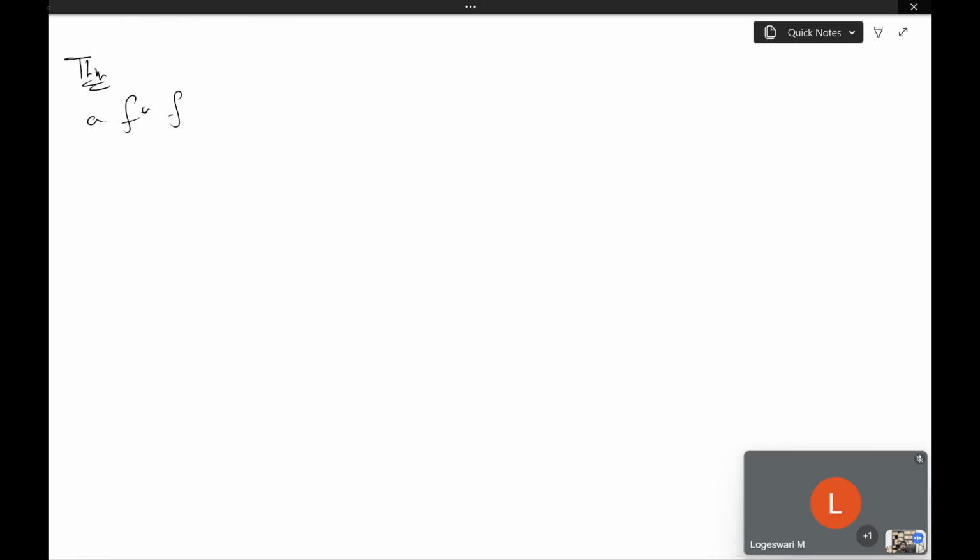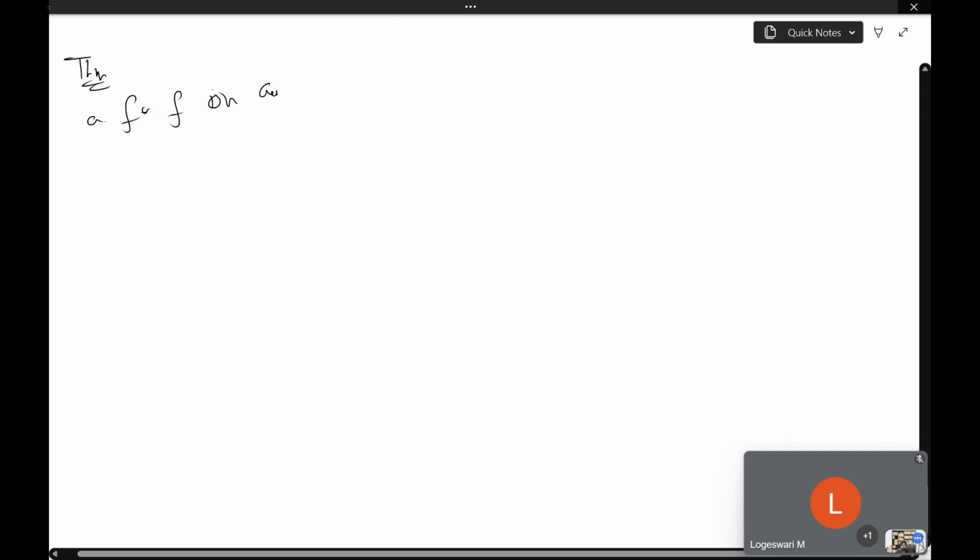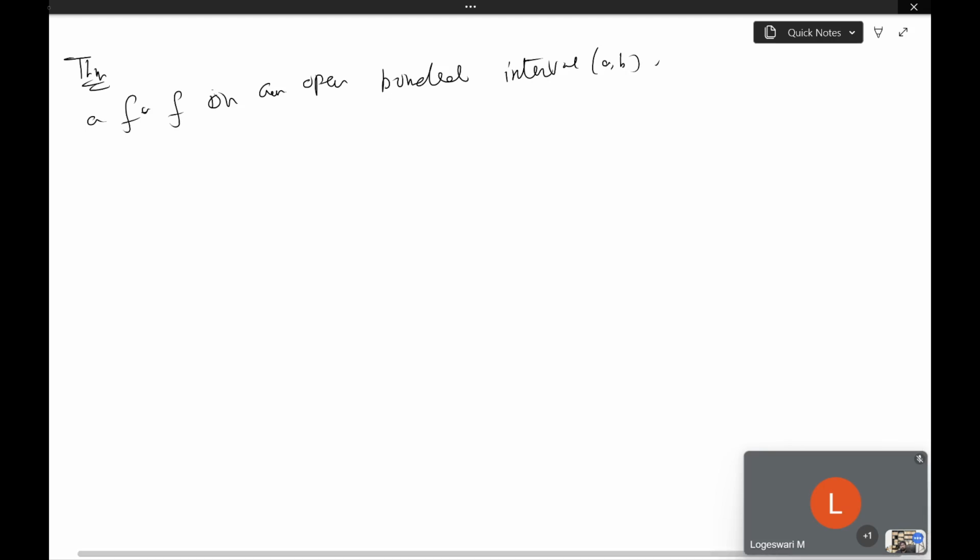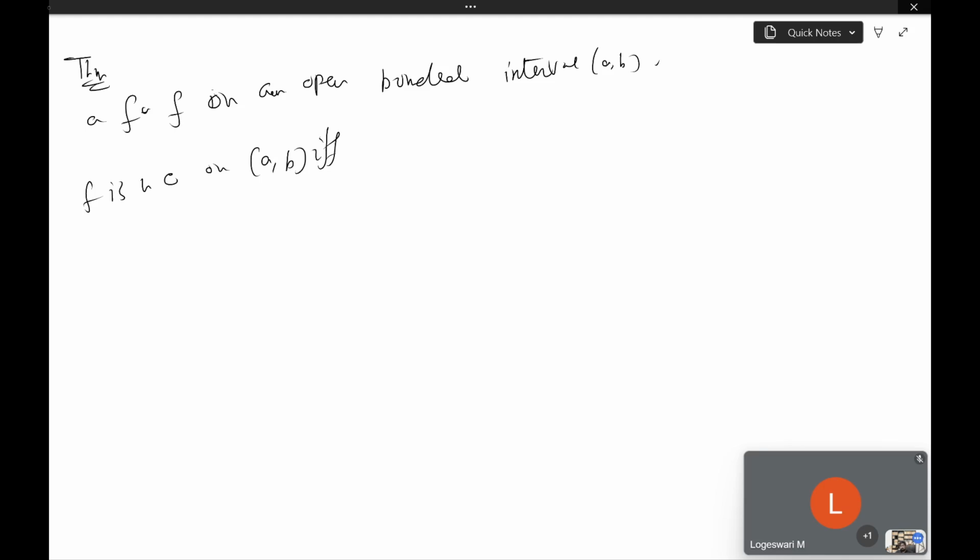A function f on an open bounded interval (a, b) is uniformly continuous on (a, b) if and only if the limit as x goes to a plus of f and the limit as x goes to b minus of f exist and are finite.